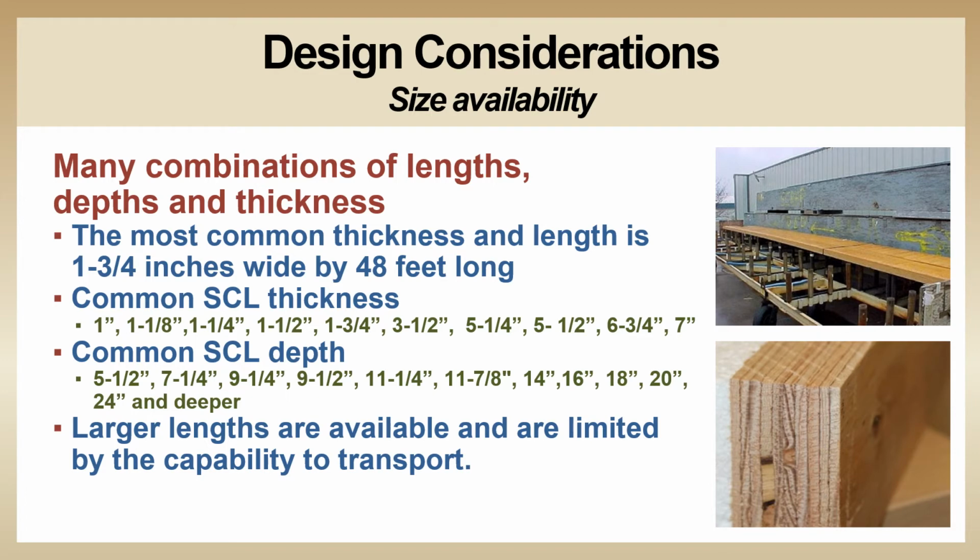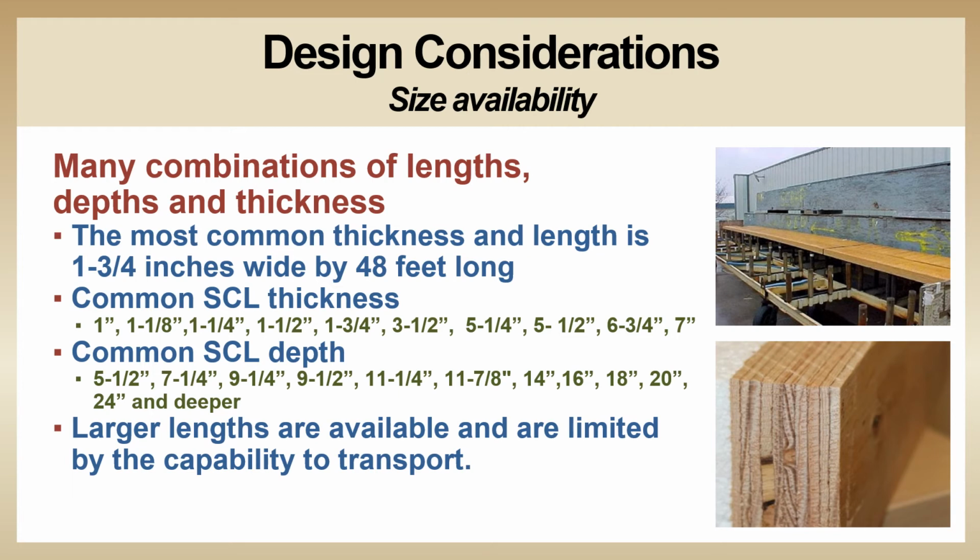Traditional structural composite lumber products are manufactured in many combinations of lengths, depths, and thickness. The most common thickness is 1 3/4 inches wide by 48 feet in length, but the product is made in a variety of thicknesses from 1 inch up to as thick as 7 inches.